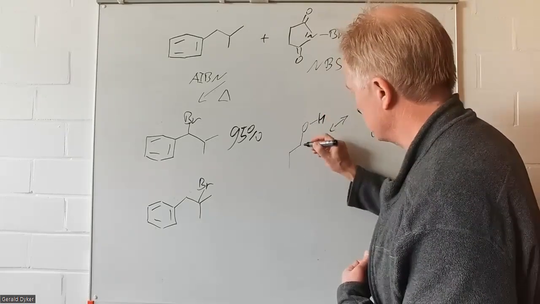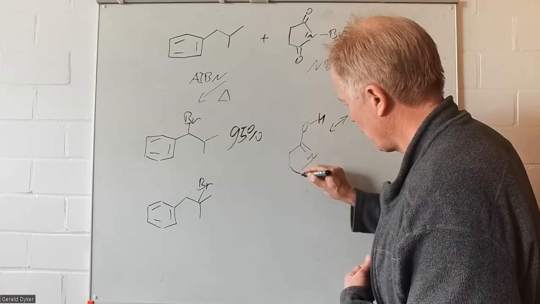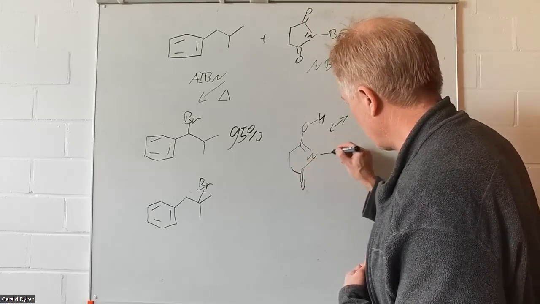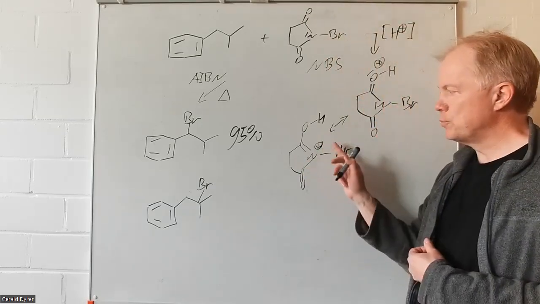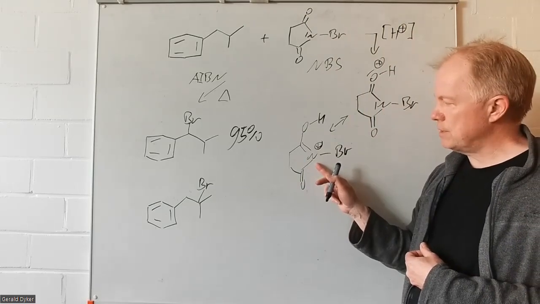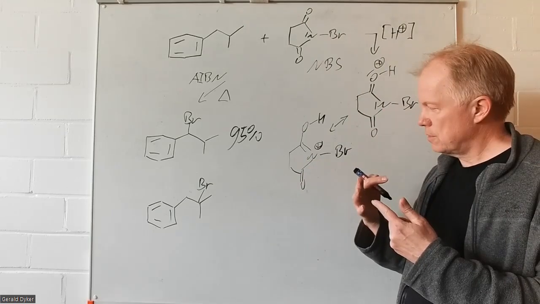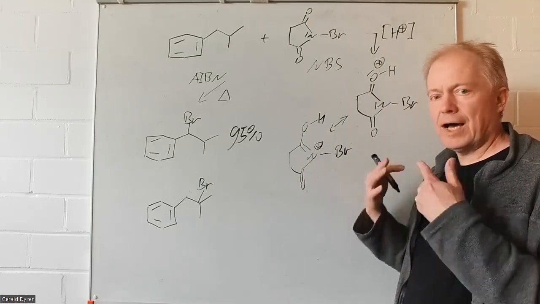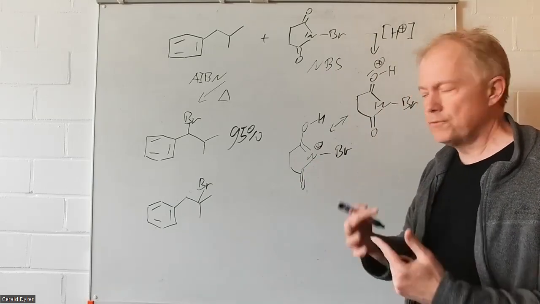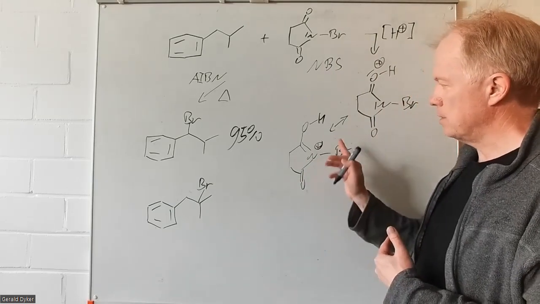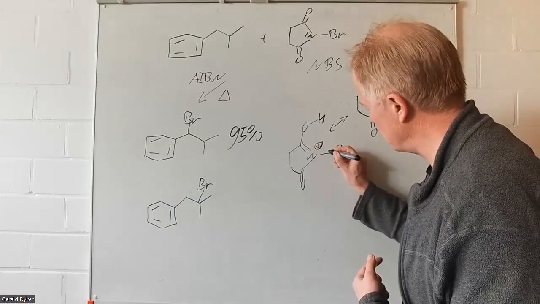We can visualize that easily by drawing a mesomeric structure with a positive charge at the nitrogen. The nitrogen is a priori already much more electrophilic than the bromine, and a positively charged nitrogen even more.